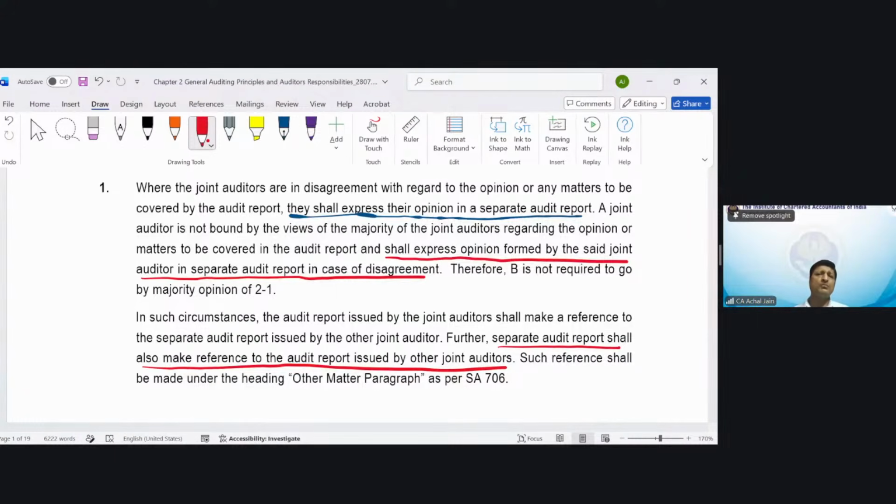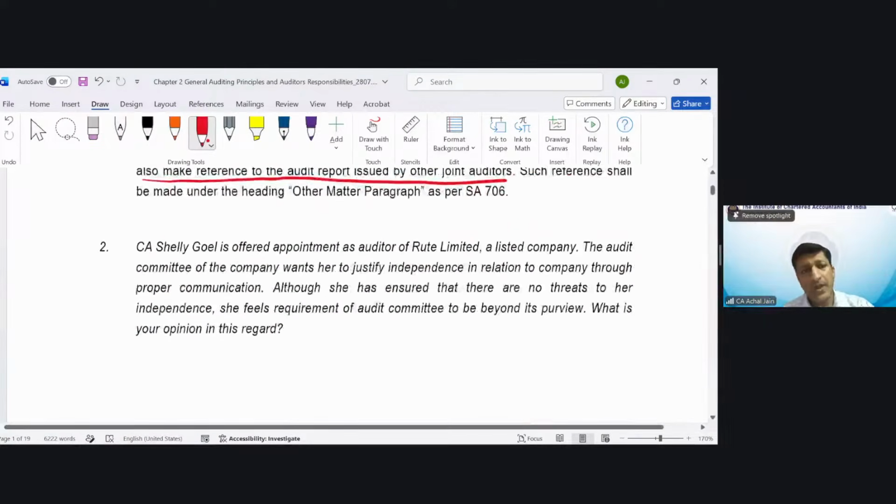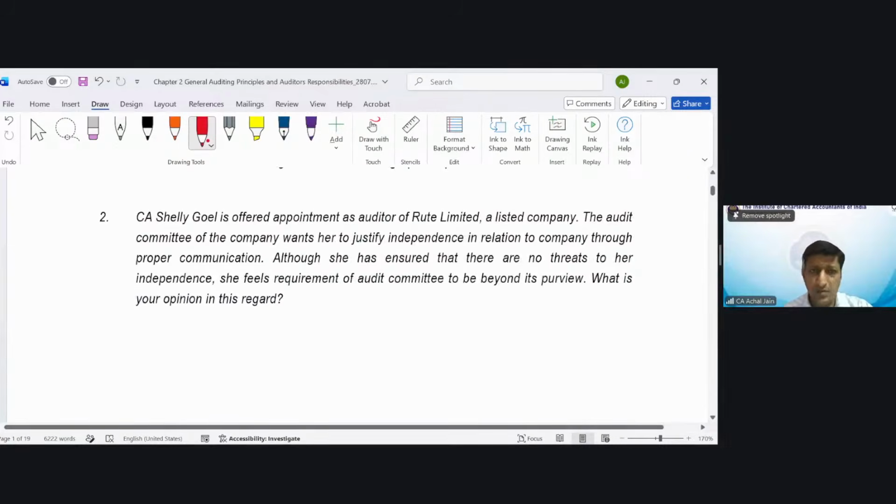He may not know about it, so once you put the reference, you are trying to tell him that there is another report, so that it doesn't get missed out. That's why it's important. Such a reference shall be made under the heading other matter paragraph. So there's a separate section for this. Okay. Next.